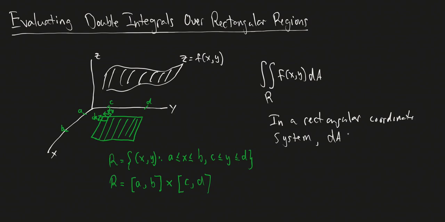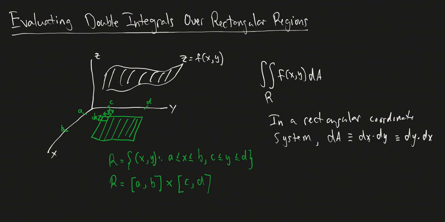dA is equivalent to the differential of x times the differential of y, or it would also work the same, you'd get the same quantity if I took the differential of y times the differential of x. And again, just think of the d's as representing something very, very small, something infinitely small.